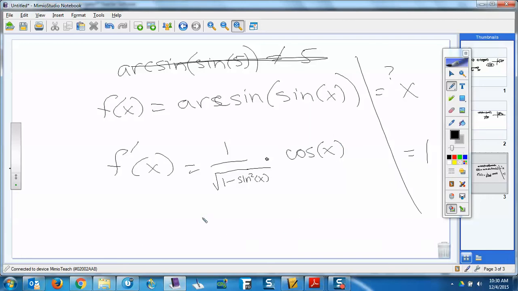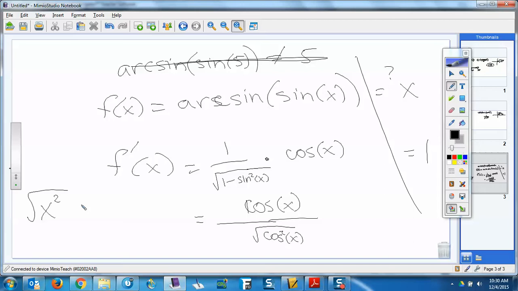Now, look at that bottom. And so this cosine I'm going to go ahead and put on top. Now look at the bottom. What's 1 minus sine squared? That's cosine squared. What's the square root of cosine squared? Be careful, we talked about this yesterday. What's the square root of x squared?